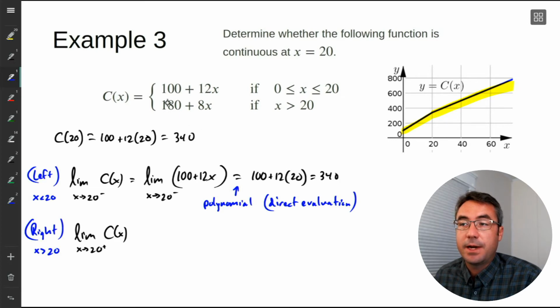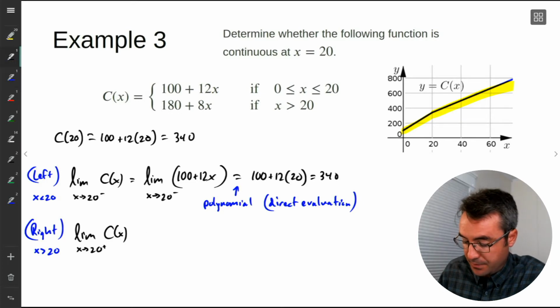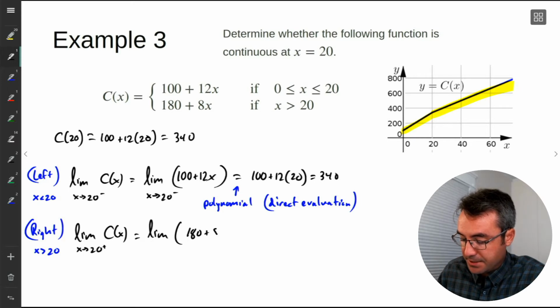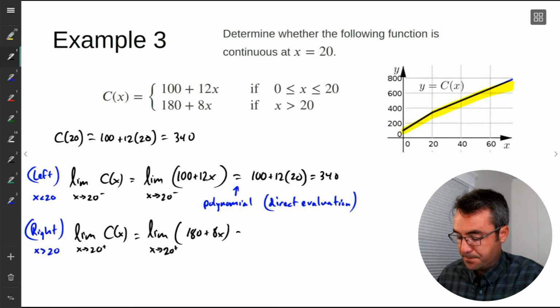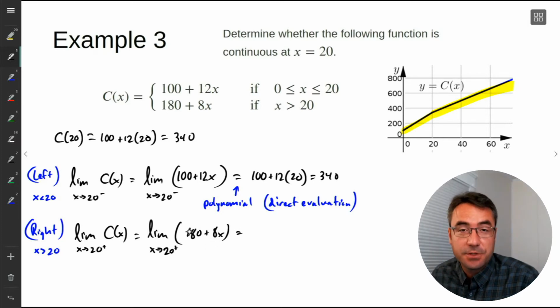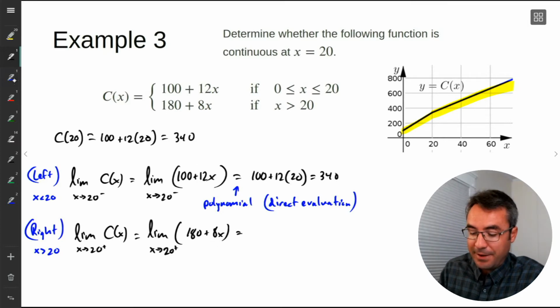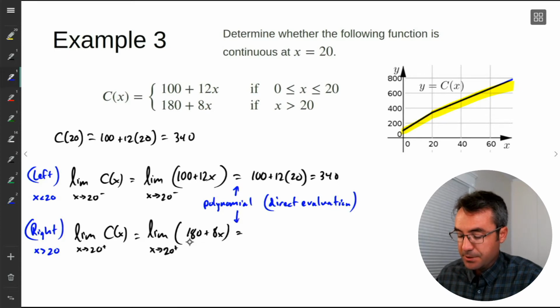So for our right-hand limit, we're going to use this piece of our function, this 180 plus 8x. So we fill that in: the limit of 180 plus 8x as x approaches 20 from the right. This is also a polynomial, so direct evaluation works here. Just plug 20 into this function, and we'll get this limit.